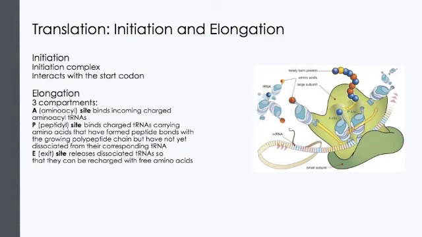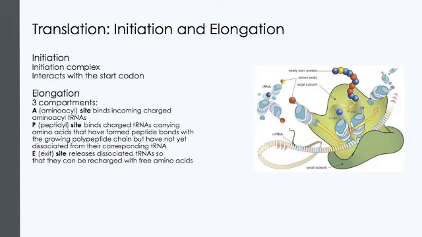The initiation process determines exactly where translation will begin so that the mRNA codons will be translated into the correct sequence of amino acids. Initiation occurs in 2 steps. Firstly, an mRNA molecule binds to a small ribosomal subunit. A special initiator tRNA then binds to the start codon, where translation is to begin on the mRNA.